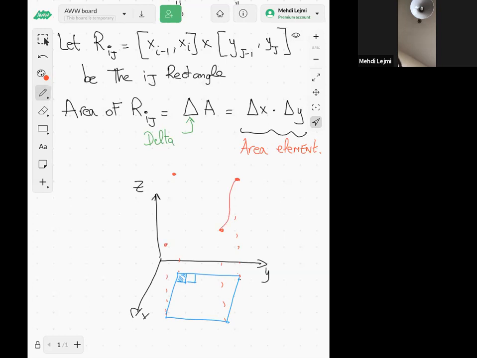Let's say this is my f of xy, the graph of f of xy.